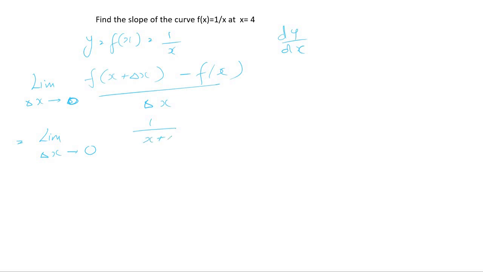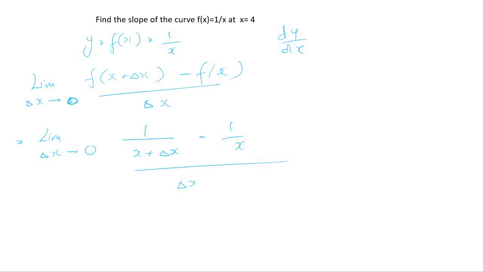So, let's equate this to the limit as delta x tends to 0, and we substitute 1 over x plus delta x. Let me bring this down so that it won't be an interference. So we do 1 over x plus delta x minus 1 over x, over delta x.